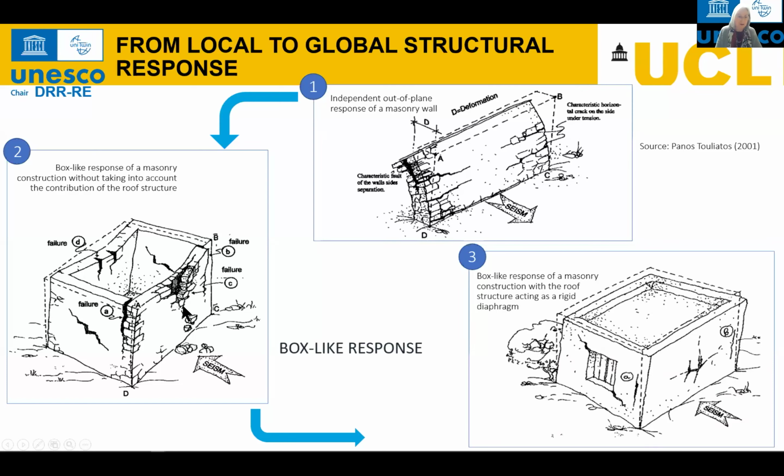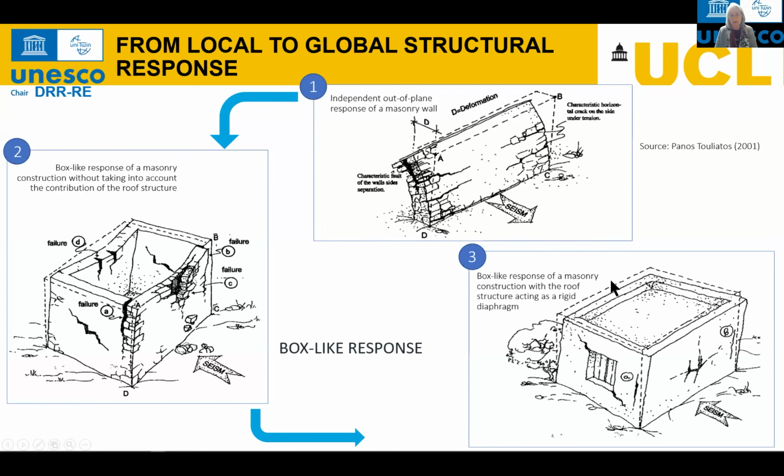If we start connecting that same wall with the side walls, well connected, as you can see here, with quoin stones, which are large stones that connect orthogonal walls, then the wall will not be able to deflect out as we saw before, and basically we will have the formation of an arch or beam behavior in this direction, where we may have some crack towards the center, but at the same time, the connection with the transversal wall will then transfer the forces generated by the inertia and the accelerations through the party walls, where we will get shear failures.